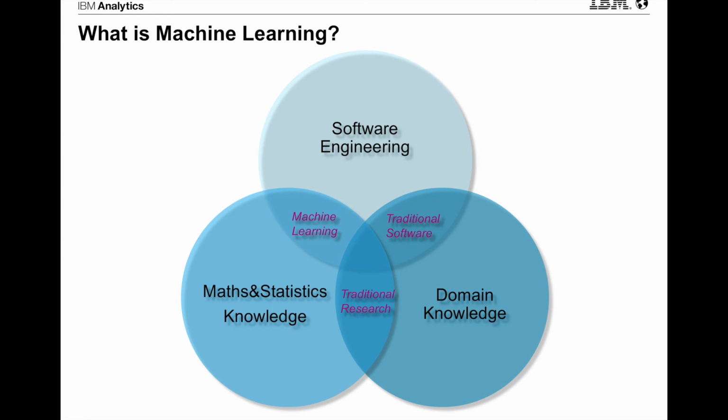Domain knowledge combined with mathematics and statistics is what we call traditional research. Without the computer, we can do some theoretical research to solve industry problems, but because of the very large amount of calculation, it's not possible to do it without a computer.